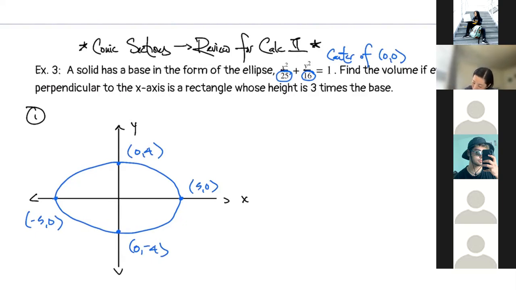So if we draw them vertically, like at the very beginning, we would have a very small base. Maybe by the time we got close to the middle, we'll have a bigger base, and then a medium base, and then another small base to finish that out. Now, the way we know how to draw these is because it tells us that these cross sections are perpendicular to the x-axis.